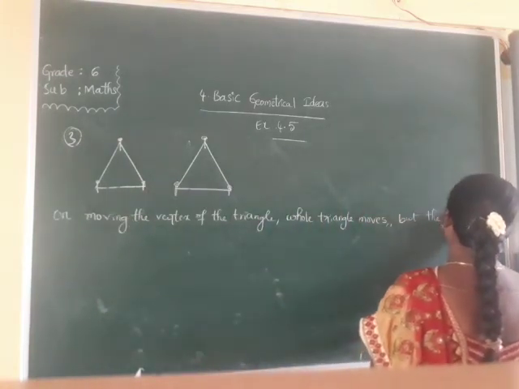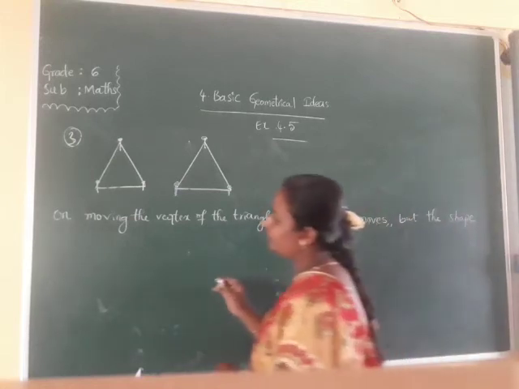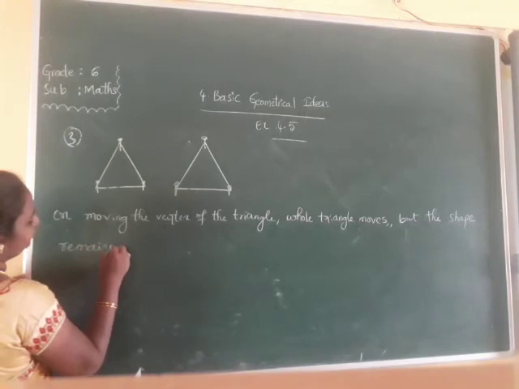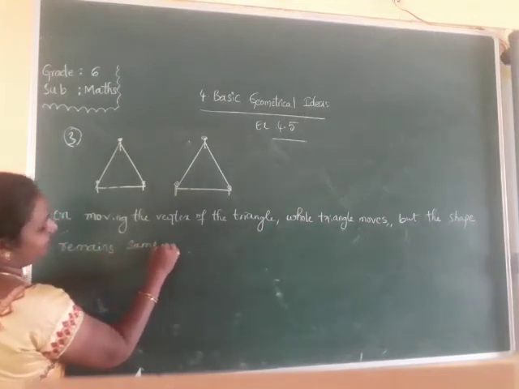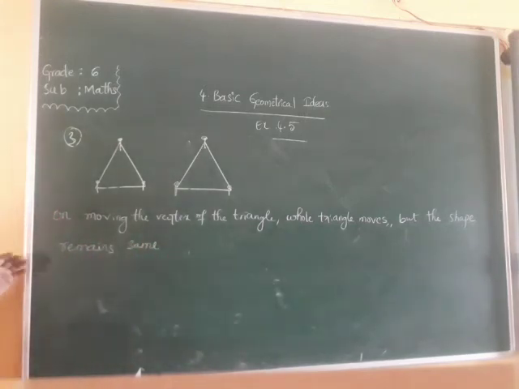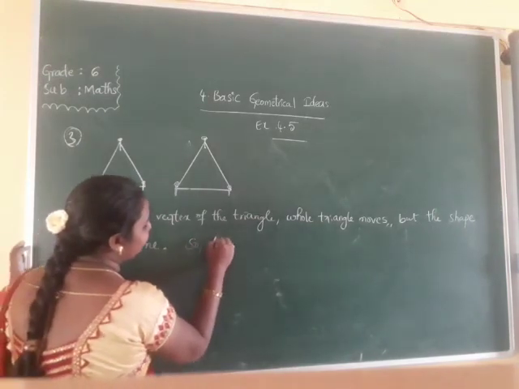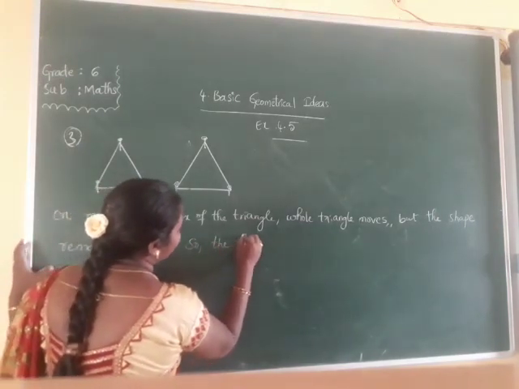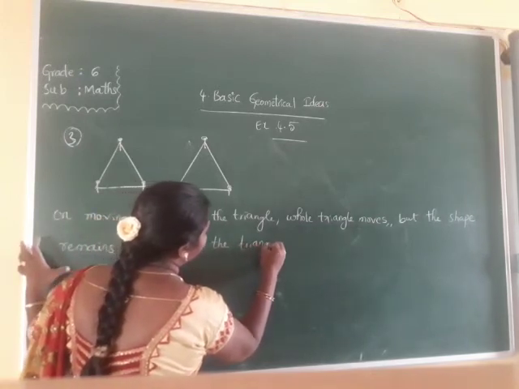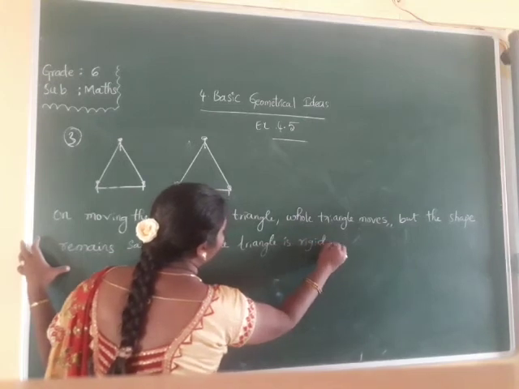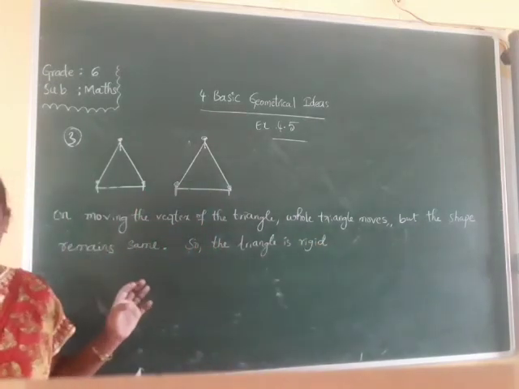The shape remains the same. So the shape will not change, which means the triangle is rigid or not? Yes. So the triangle is rigid. Rigid means strong. Okay.